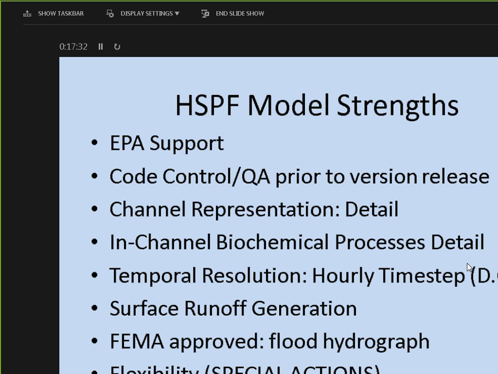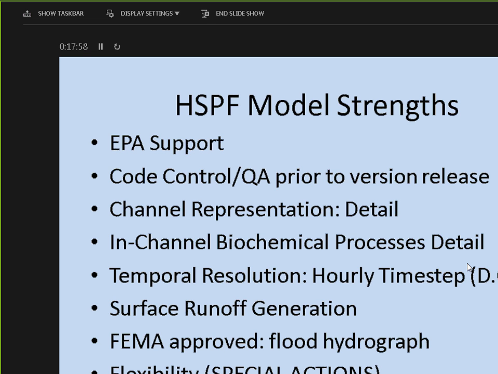HSPF is FEMA approved. You can use HSPF for flood hydrograph determination studies. There's only a handful of continuous simulation models that are approved for flood hydrograph determination studies. There's the Corps of Engineers Hydrologic Engineering Center Hydrologic Modeling System, which is acceptable.